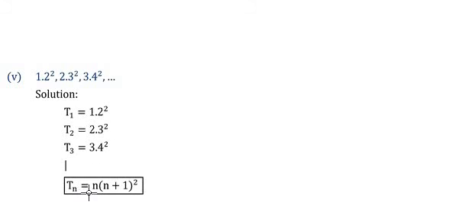Similarly Tn is equal to, if you note here the sequence 1, 2, 3, just like T4, 4, T5, 5, but not here, just for example. So you can put here n, and if we note here 2, 3, 4 in sequence, 1 plus 1 equal to 2, 2 plus 1 equal to 3, 3 plus 1 equal to 4.